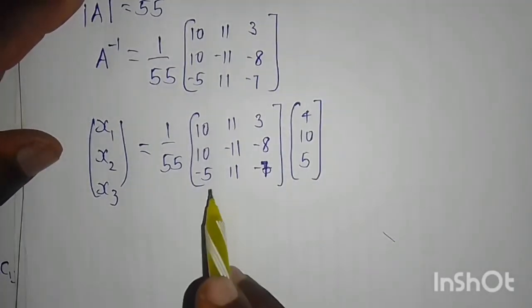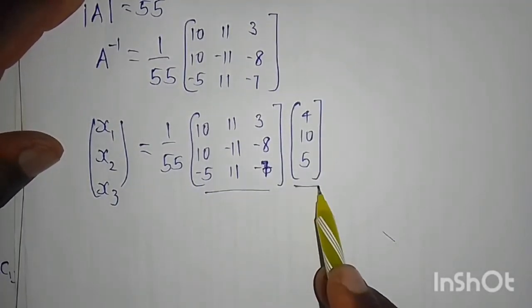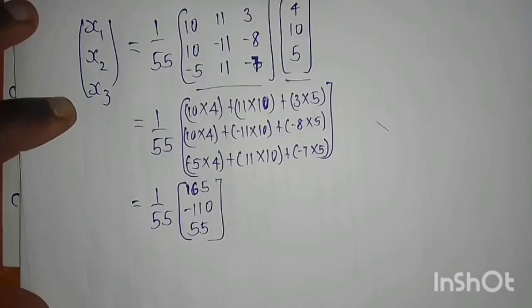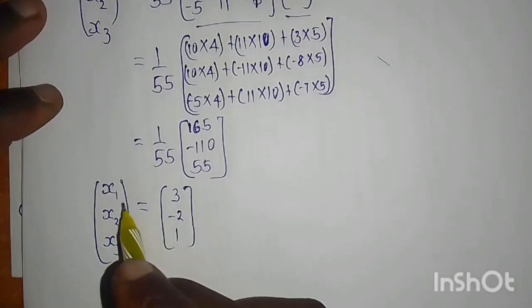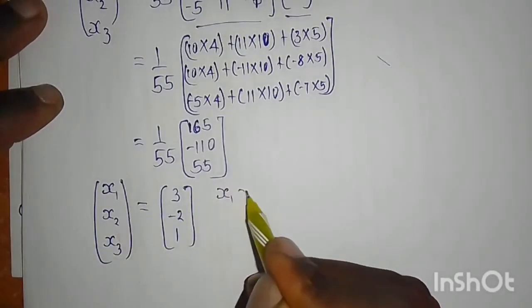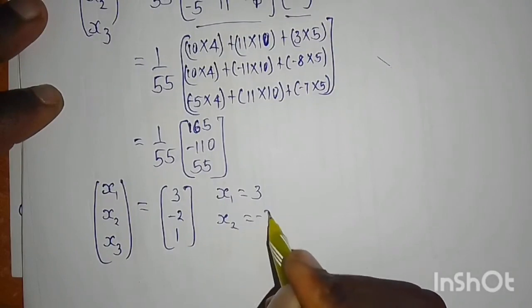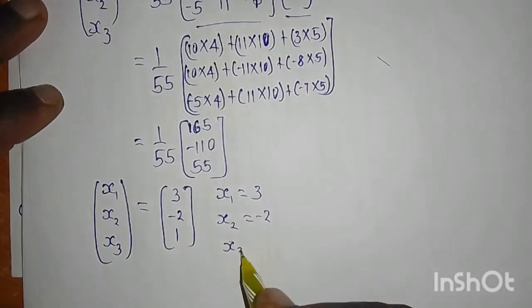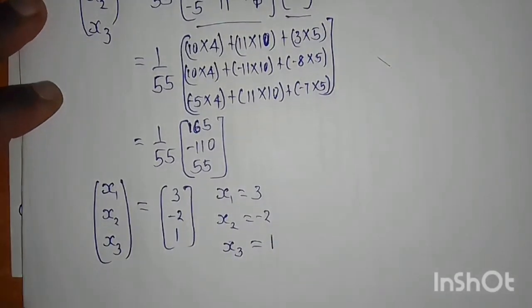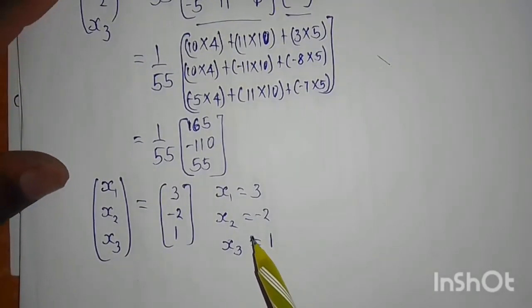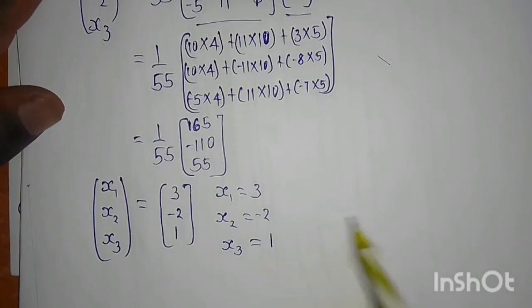We multiply this matrix by this matrix, and therefore x1 is 3, then x2 and x3. So that is the inverse method of solving a system of 3 linear equations.